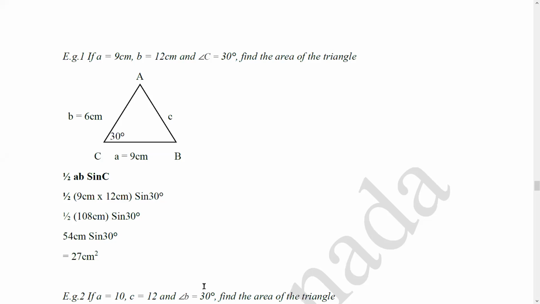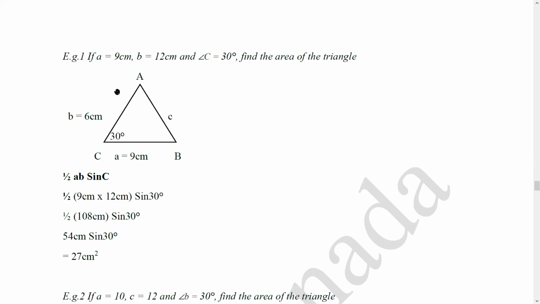Okay, you all do example 2. So if the formula is half AB sine C, for this question on the bottom, C would be 12, so do sine 12. No. Oh, okay. But on the bottom it says A is equal to 10, C is equal to 12, and B is equal to 30.